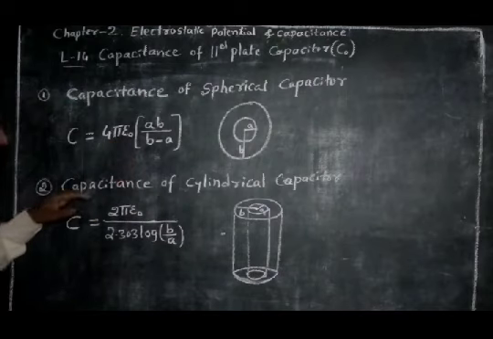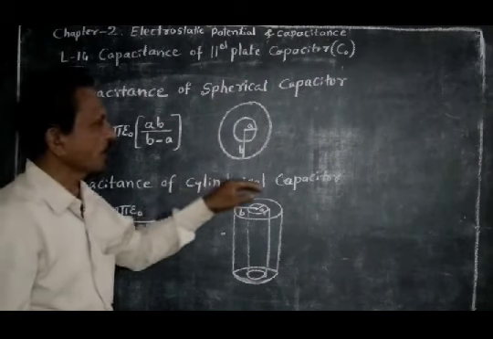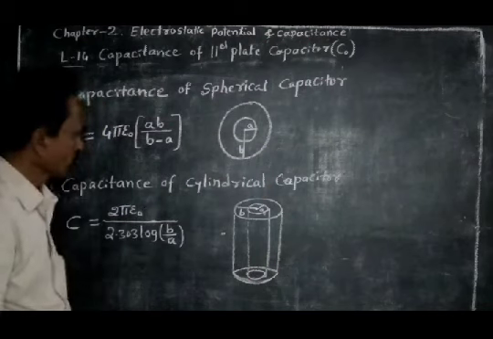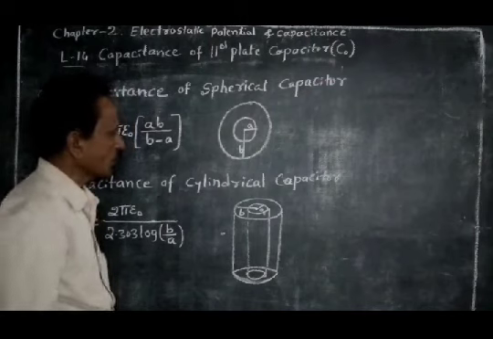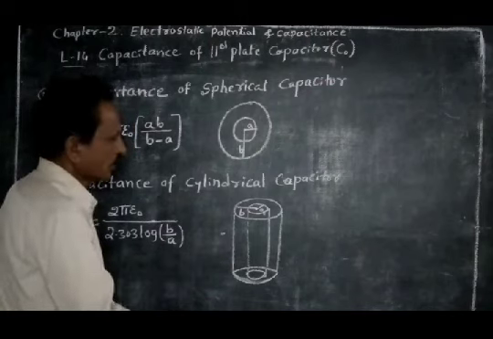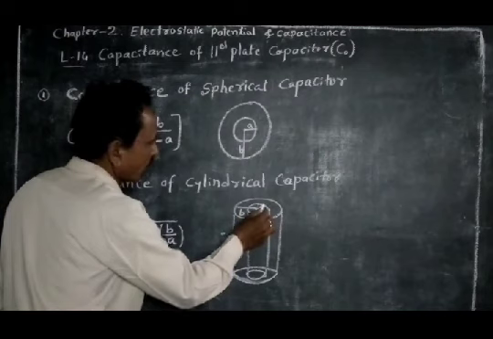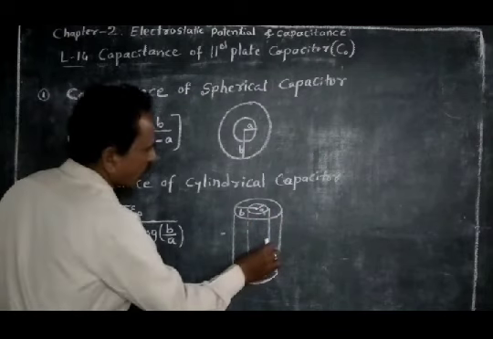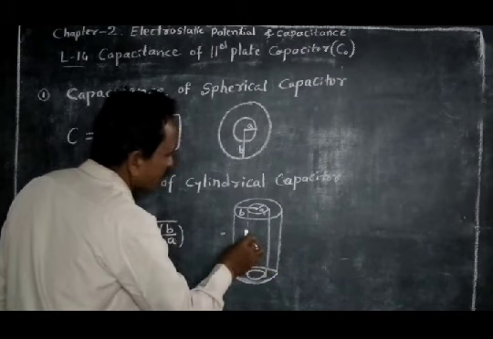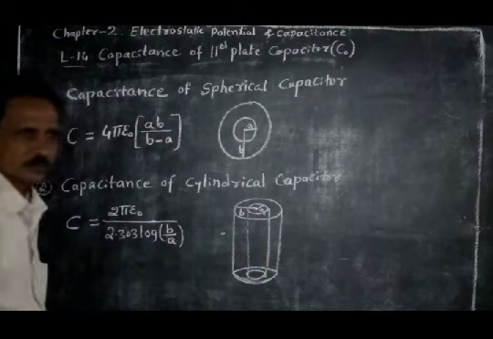Next, capacitance of cylindrical capacitor. A cylindrical capacitor consists of 2 cylinders of radius A and radius B, separated by a small distance.